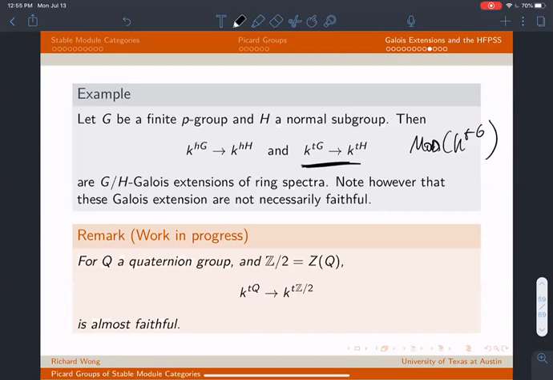However, these extensions are usually not faithful, but in the work in progress that I'm doing, it turns out that this extension of ring spectra coming from the inclusion of Z/2 into BQ8 is almost faithful. So it's faithful enough that you can do some kind of descent calculation.